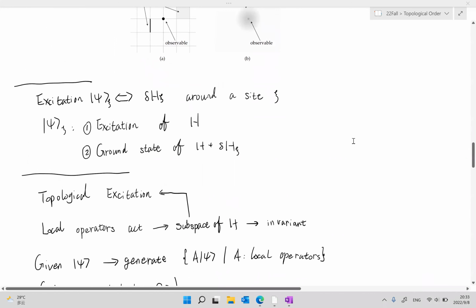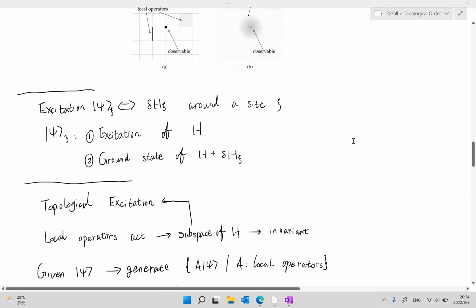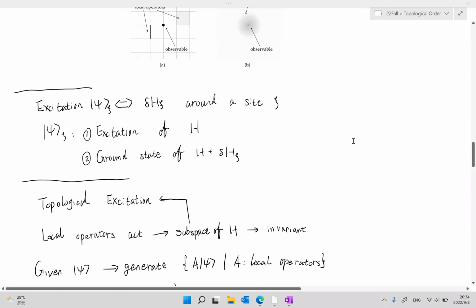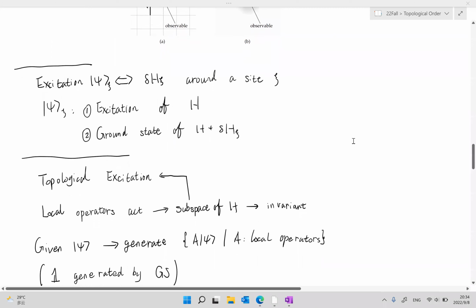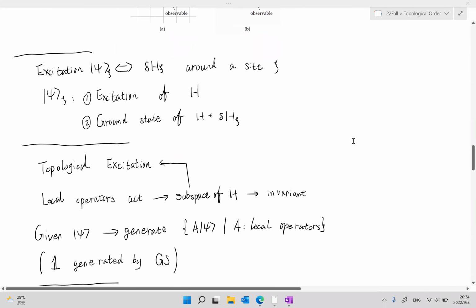So just now we said that an excitation is not a good word, because it is hard to detect. But a defect is a thing that we can measure directly and easily.